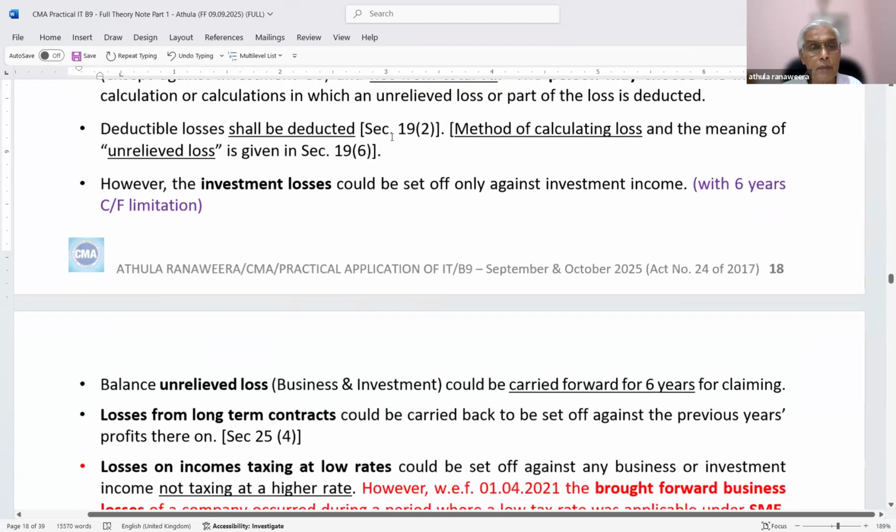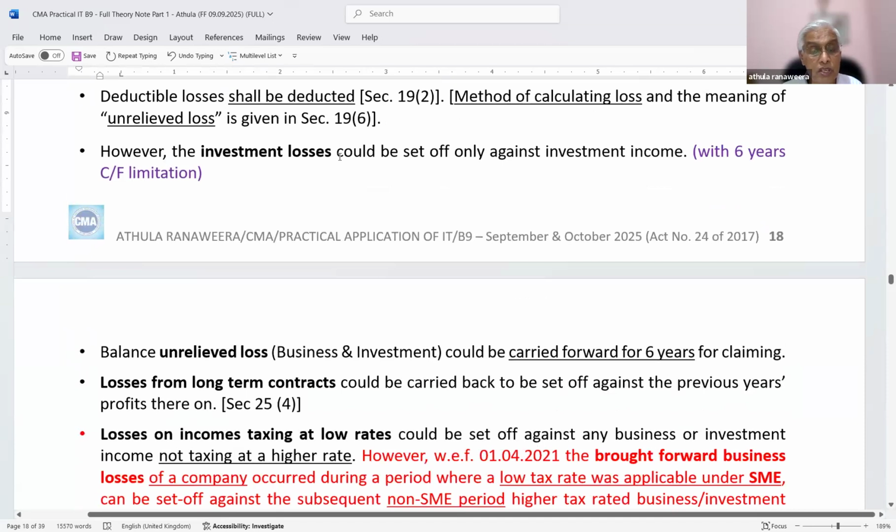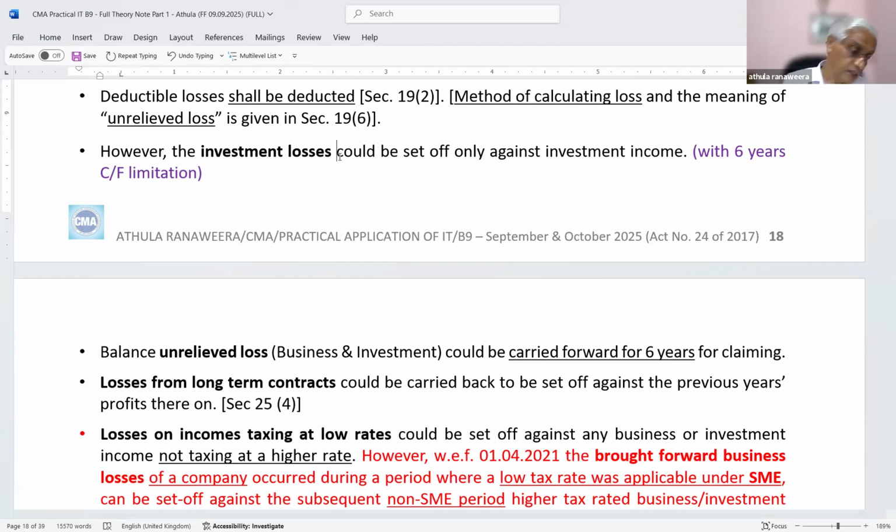Then, what may be the reason why they are not allowing investment losses against the business income? What do you feel? The legislator has limited it. What may be the reason? Give me a minute.